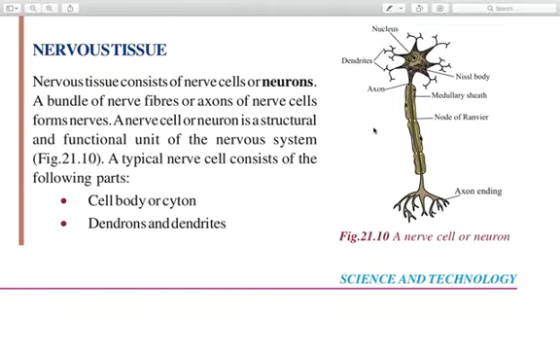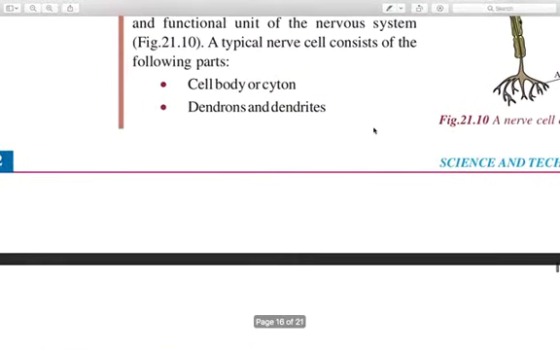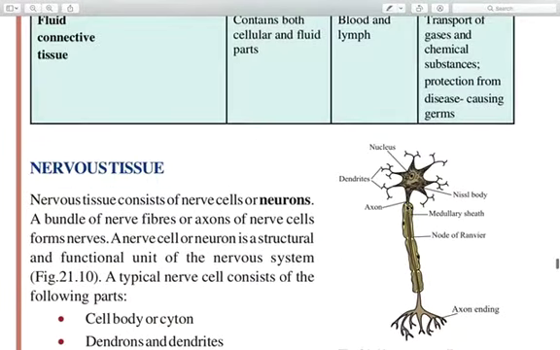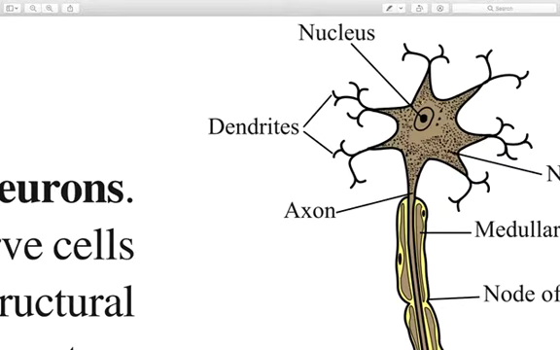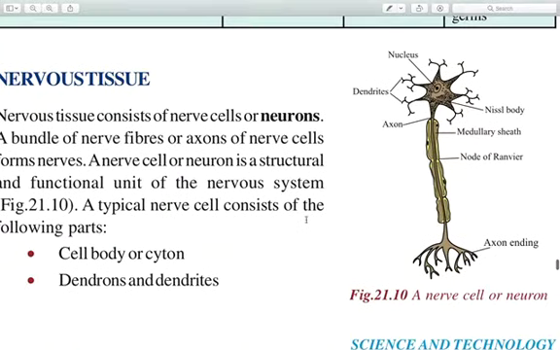A typical nerve cell consists of the following parts. There are three main parts for this typical neuron. First is the cell body or cyton. So here you see this part. This is what is called the cyton, that is the cell body, and you have dendrons and dendrites.